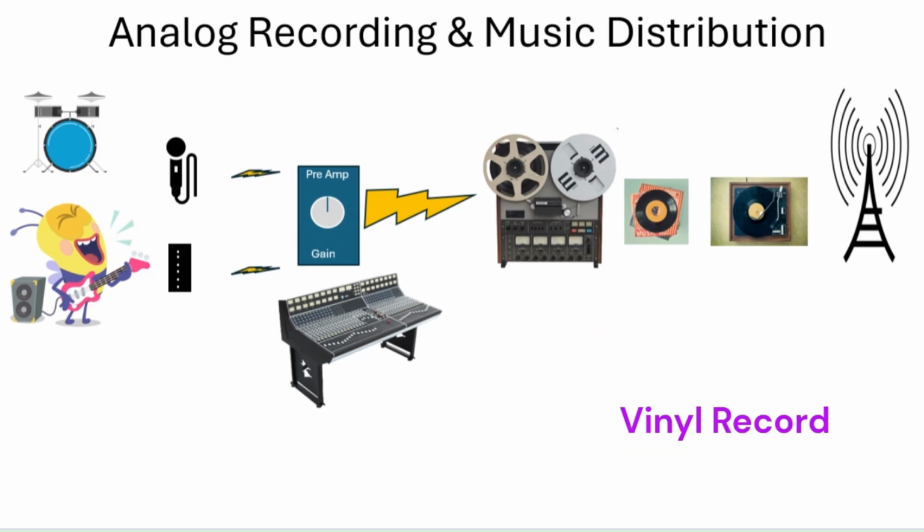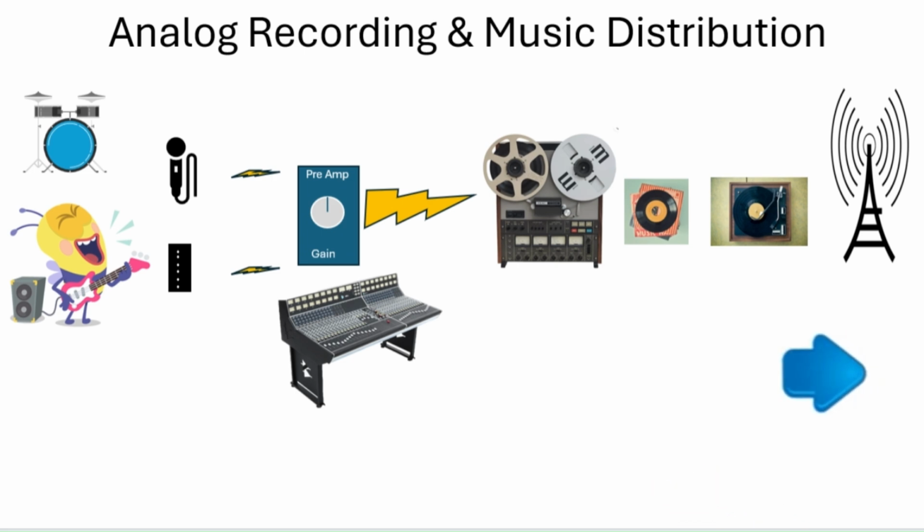So if you bought the record, you put it on a record player, that came out of a speaker, and guess what? That sound was measured in SPLs again. Low volume, high volume, low SPL, high SPL.